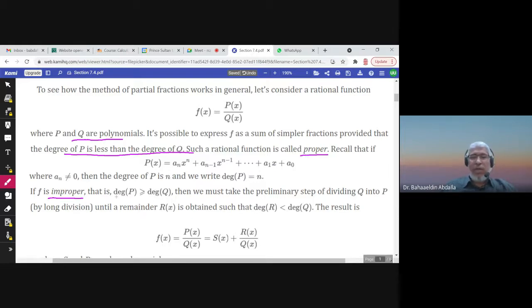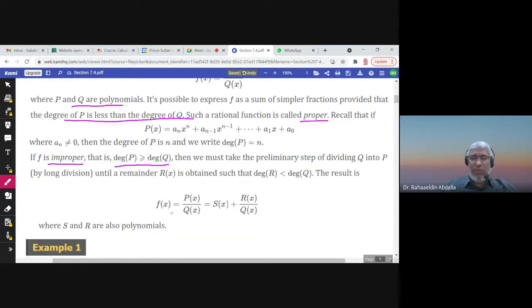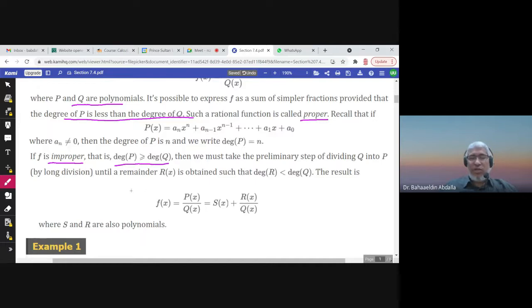And if degree of p is greater than or equal to degree of q, then the rational function is called improper. If the rational function is improper, we have to start by long division.